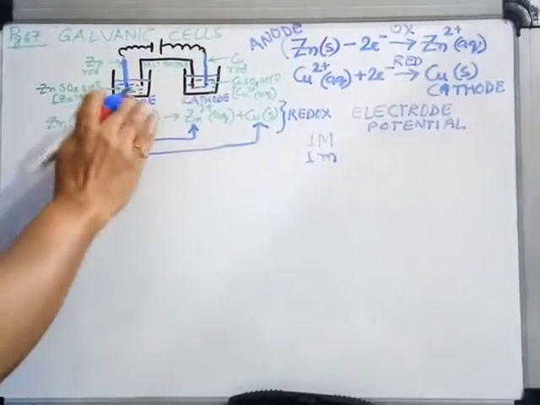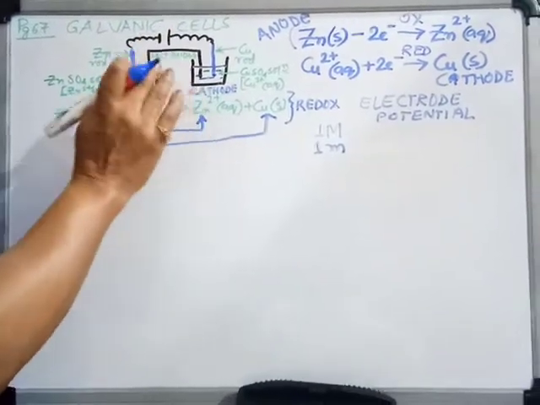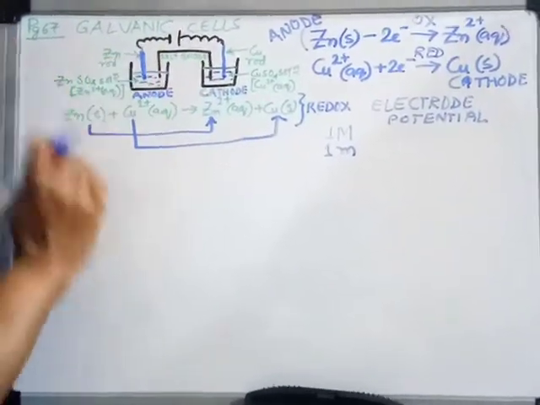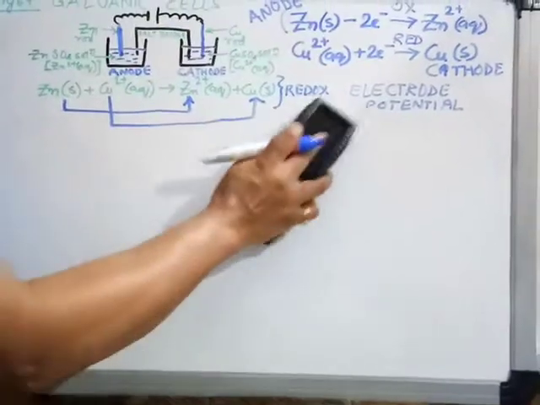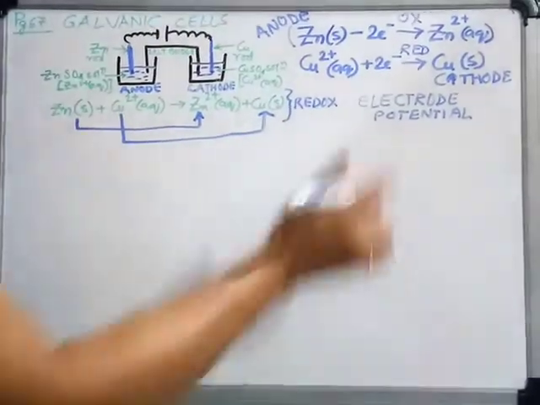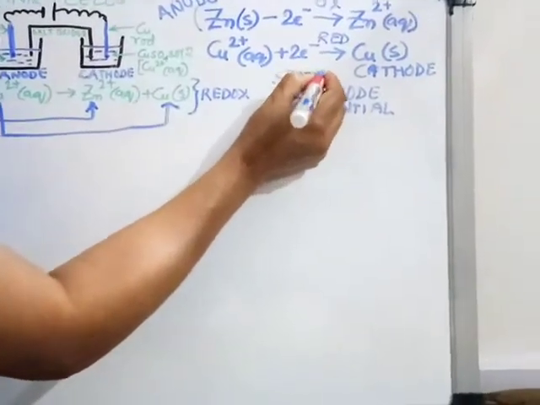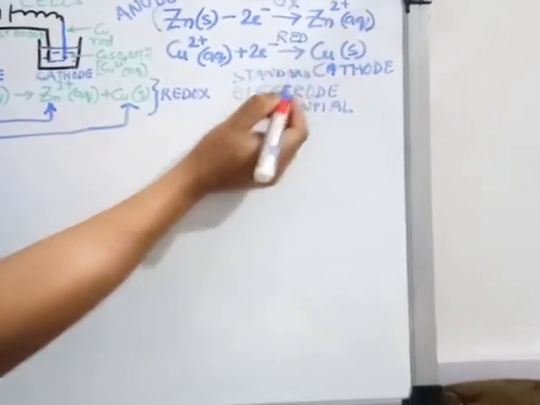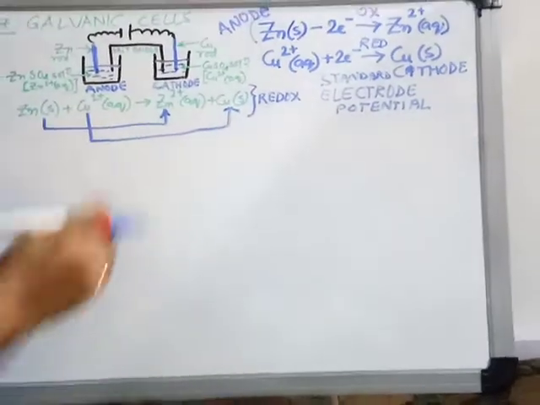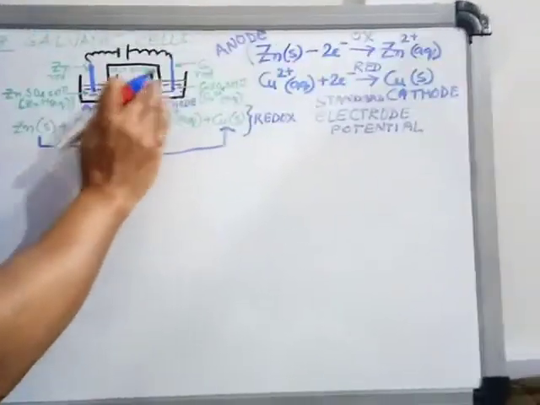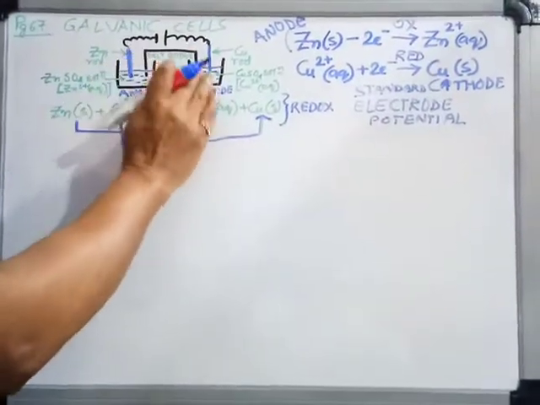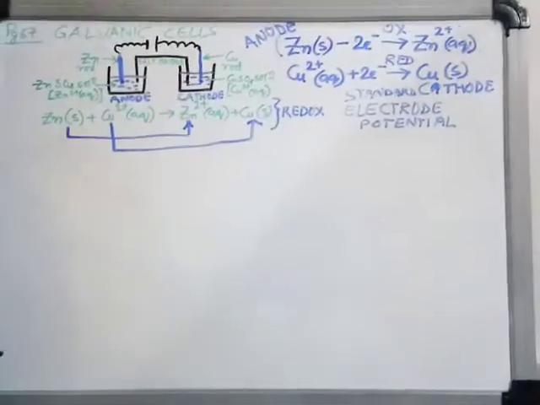In that case, when we measure these electrode potentials between the rod and the electrolyte, that electrode potential will be called the standard electrode potential, if we keep the concentration of these two electrolytes as unity.